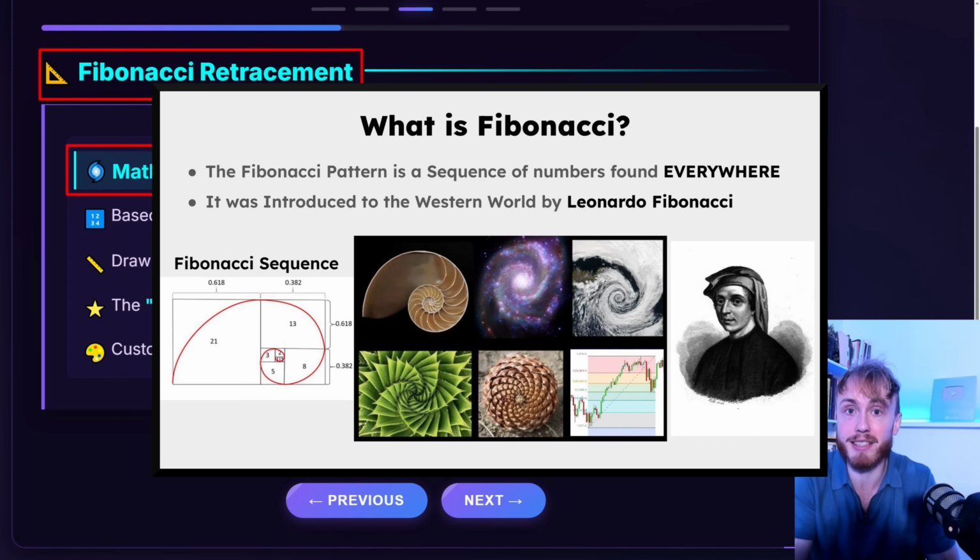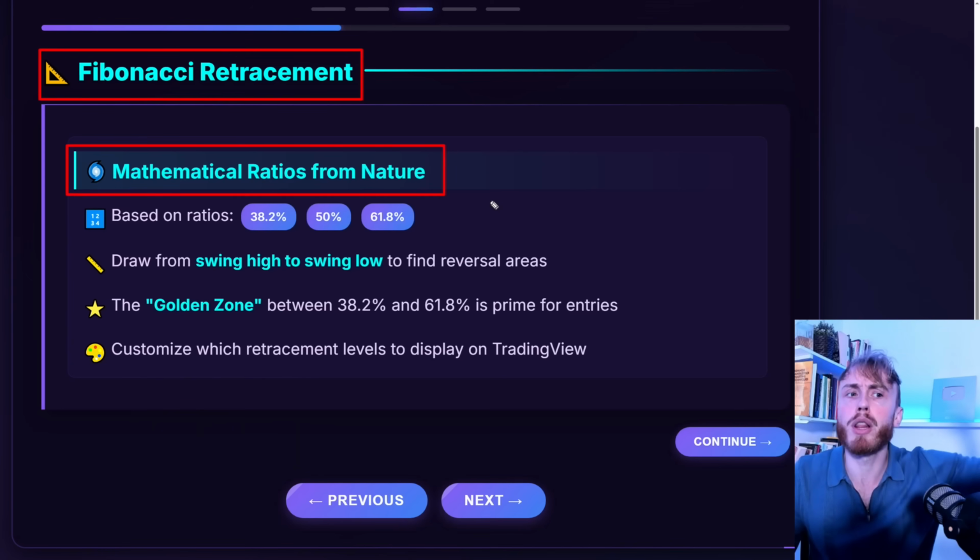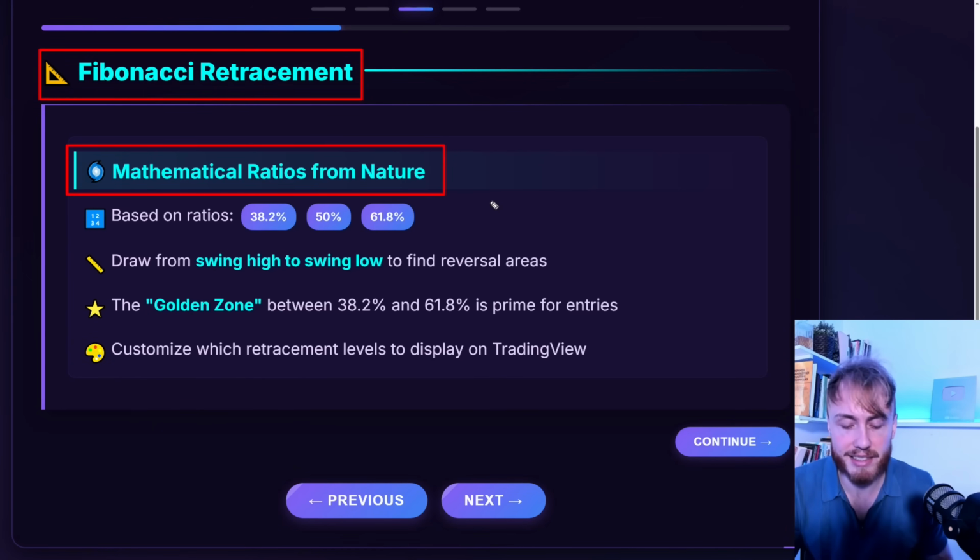You basically find these numbers pretty much everywhere. But the reason they are called Fibonacci numbers and Fibonacci retracement is that the sequence of numbers was, I think, popularized by a guy called Fibonacci. But they were discovered actually much earlier, I think in India. Feel free to correct me if I'm wrong here in the comments.